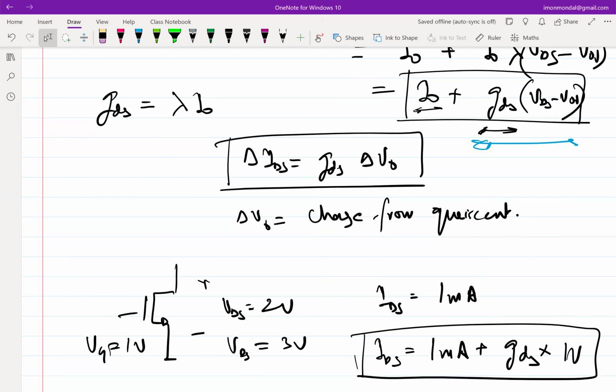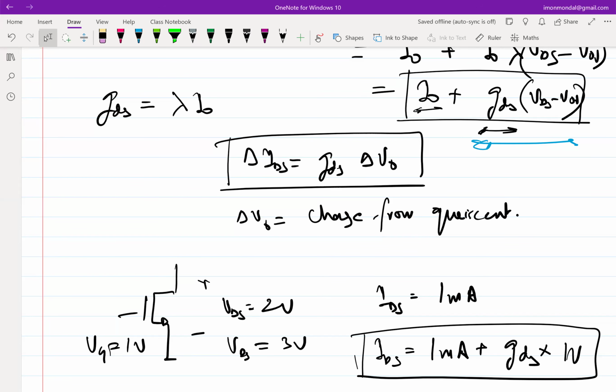You cannot ping pong between the two sometimes. So it will be your choice, depending upon which one is easy to evaluate. Evaluate the GDS with regard to the point that is the easiest to evaluate, and then use it. So that's the whole purpose of using small signal approximations.